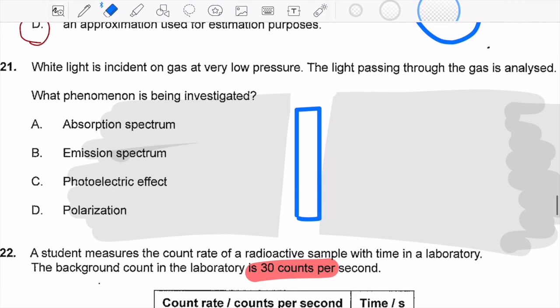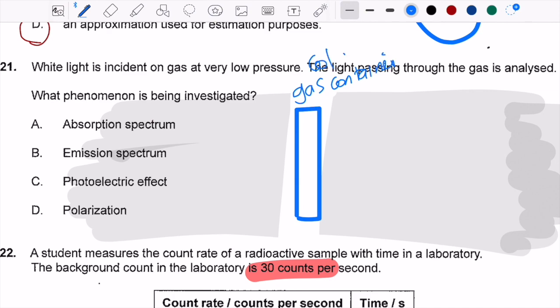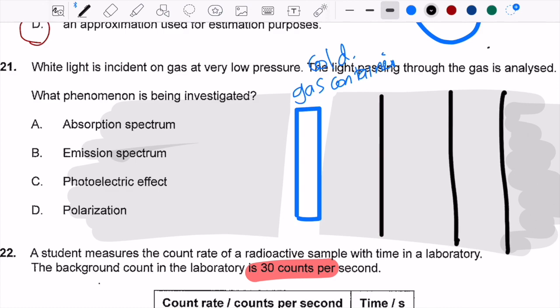Let's say you have a gas container, and this should be cold gas, at least not very hot gas. When you send visible light through this gas, after passing through the gas chamber, you will see some lines missing. These photons are absorbed by the gas molecules' electrons.